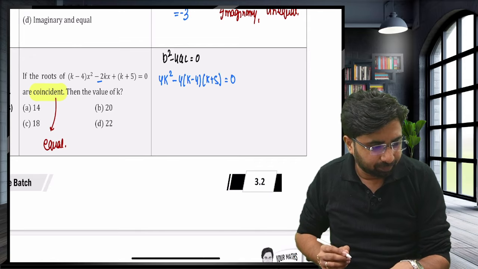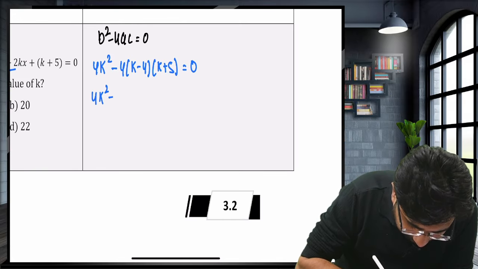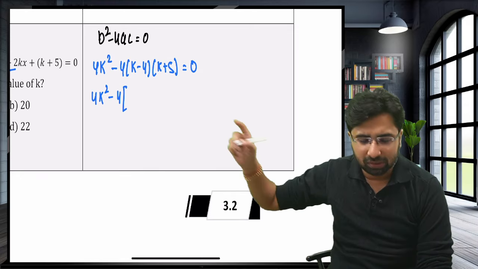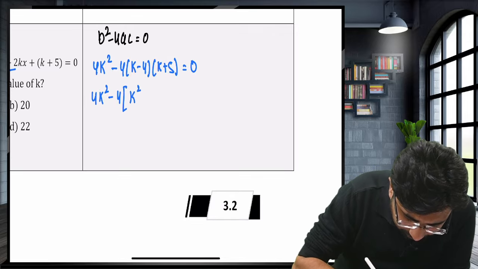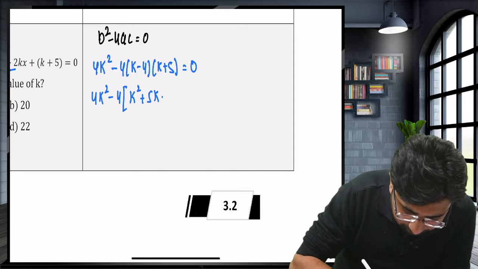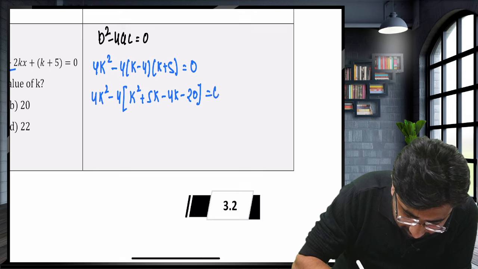Everybody with me? Now, let's open the bracket. k into k, k square, plus 5k. Now this into this, minus 4k, and minus 4 into 5 is minus 20, equals 0.